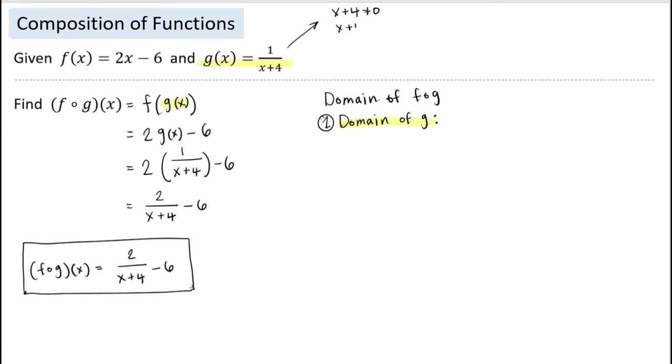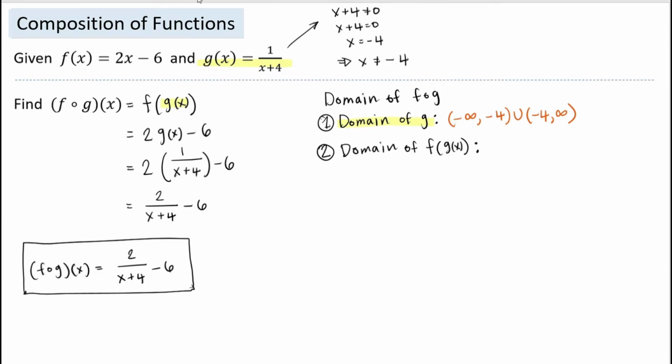So let's set x plus 4 equal to 0 and solve for x. We get x is equal to negative 4, which means that x cannot be equal to negative 4. So the domain of g is all real numbers except negative 4.